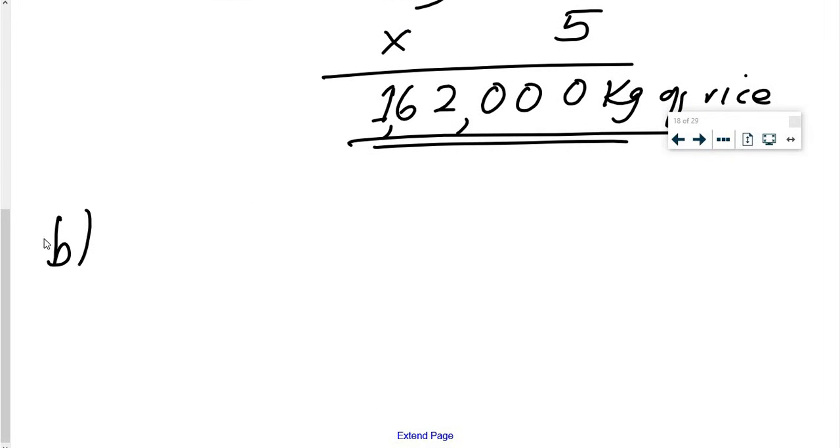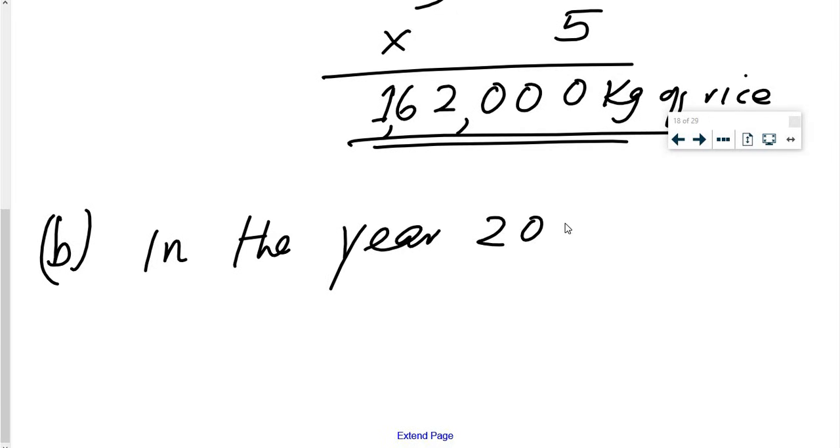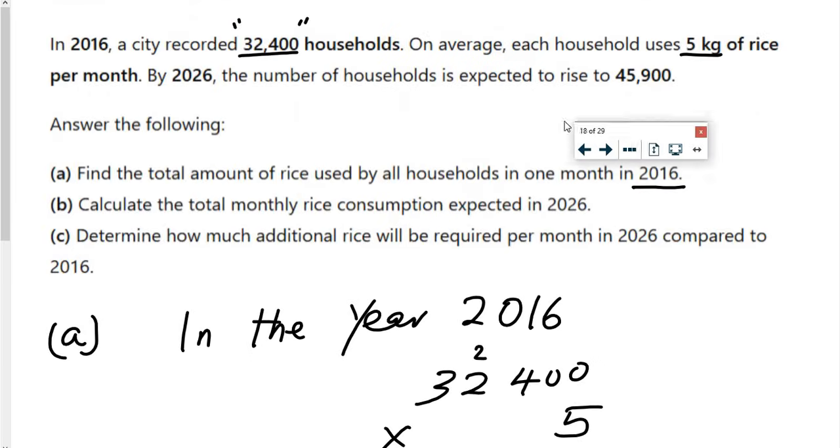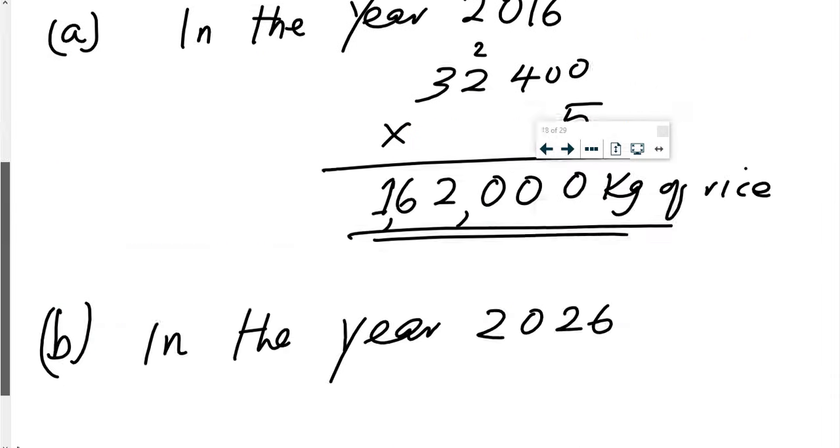Now, in the year 2026, let us see. By 2026, the number of households is expected to rise to these households, but we are given that each household uses 5 kg of rice. How about 45900?